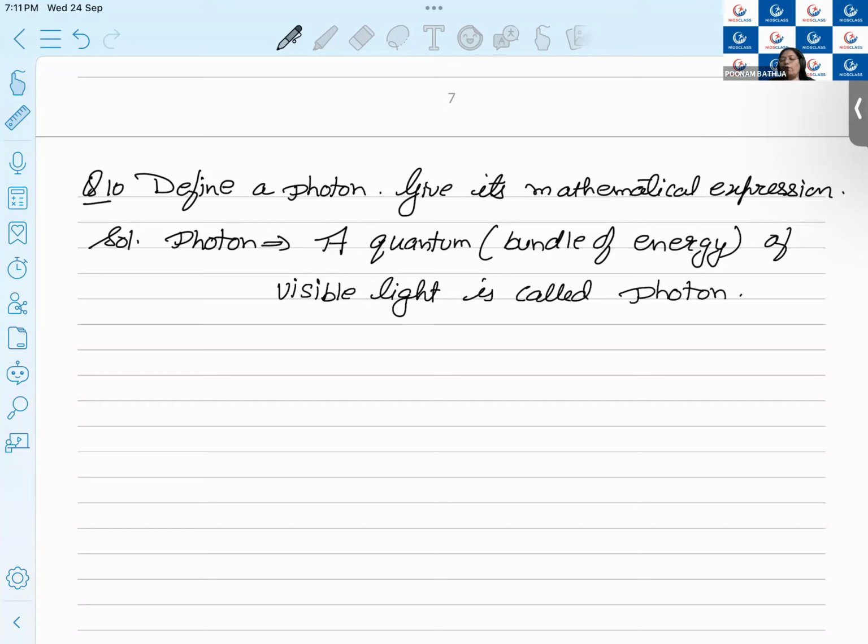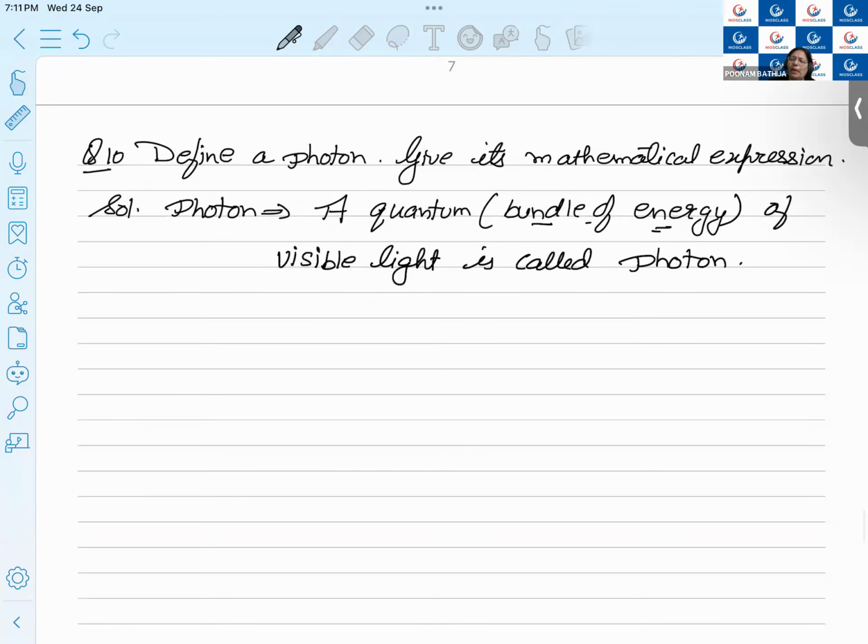Bundle of energy is quantum. And if we are taking energy in the form of visible light, then that bundle will be considered as photon. What is the mathematical expression of the photon? E equals h nu. This is the mathematical expression for the photon that you need to write. This question also carries 2 marks, one for here, one for here. This would be the distribution of marks.